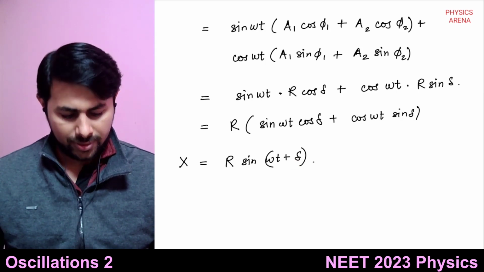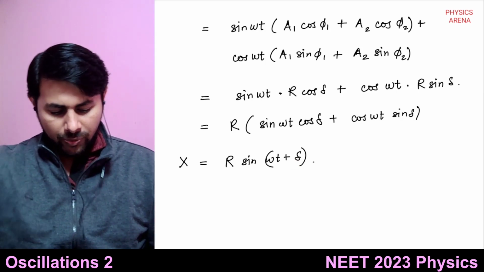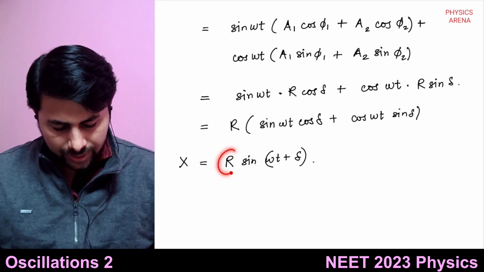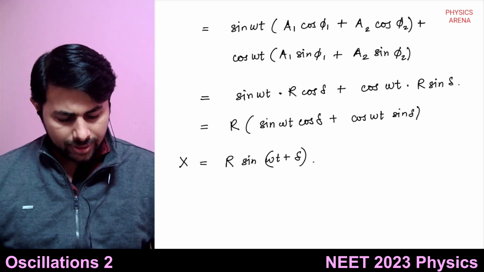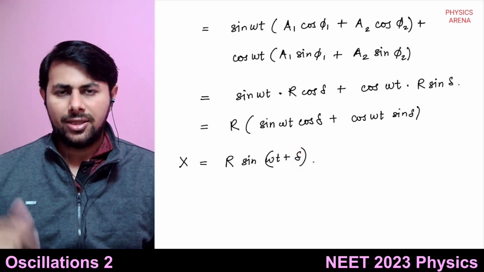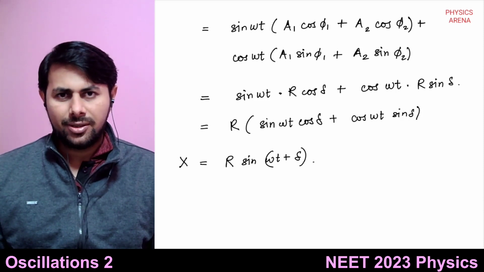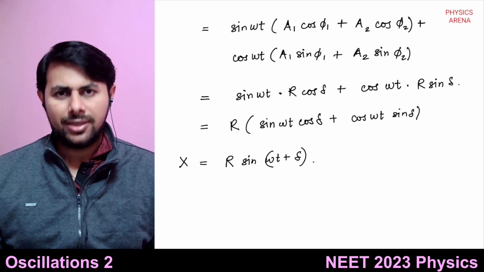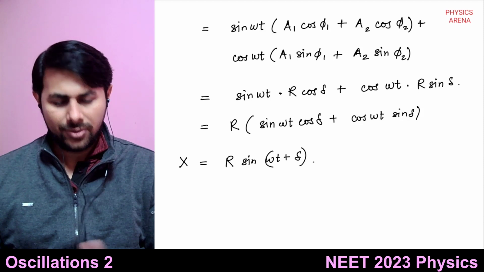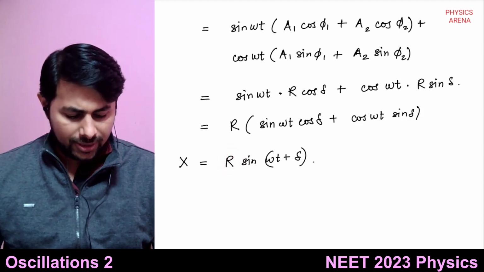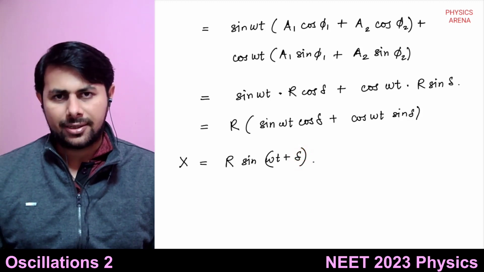If we are able to find the equations for this resultant amplitude and resultant phase, then we can say that the composition of two SHMs in the same direction is also an SHM, having amplitude equal to R, we'll see what that is, and phase equal to delta.